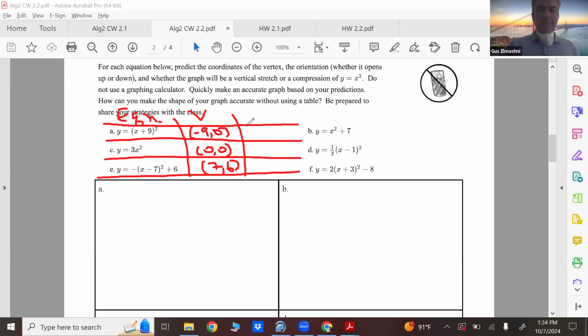This is gonna open up, or down. So basically that's orientation. Actually, hold on, just a short space here. Is that gonna be a stretch or a compression?